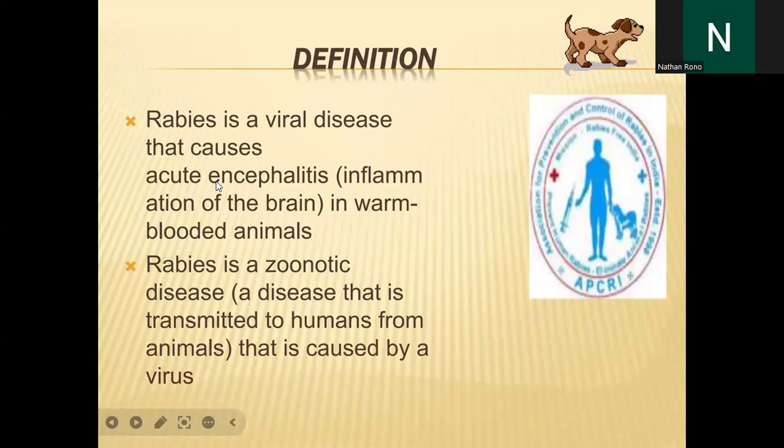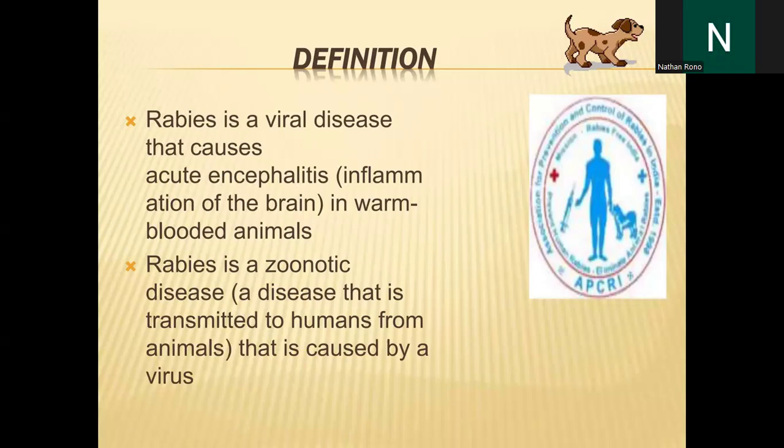From your anatomy, encephal is brain, and itis means inflammation. So it causes acute inflammation of the brain in warm-blooded animals. Warm-blooded animals are mammals and birds. Reptiles, amphibians, and fish are cold-blooded.